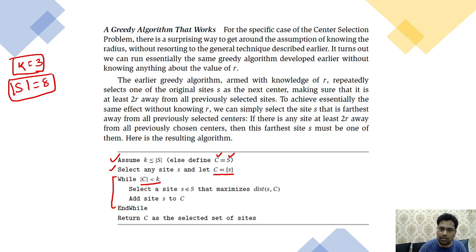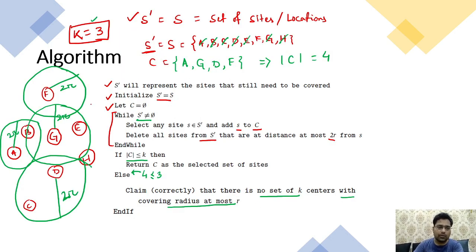Clear? Next, there are just certain changes here, you can find them out. With the selected site which you have chosen, we have to find out whether that maximizes the distance or not. Like here we found different conditions, like f is more distance, so that's why we covered until what we thought as 2r.